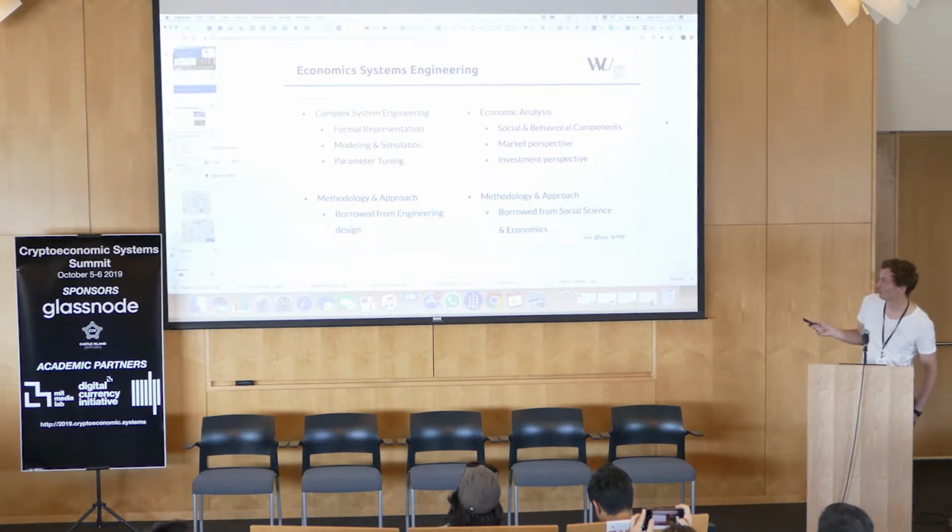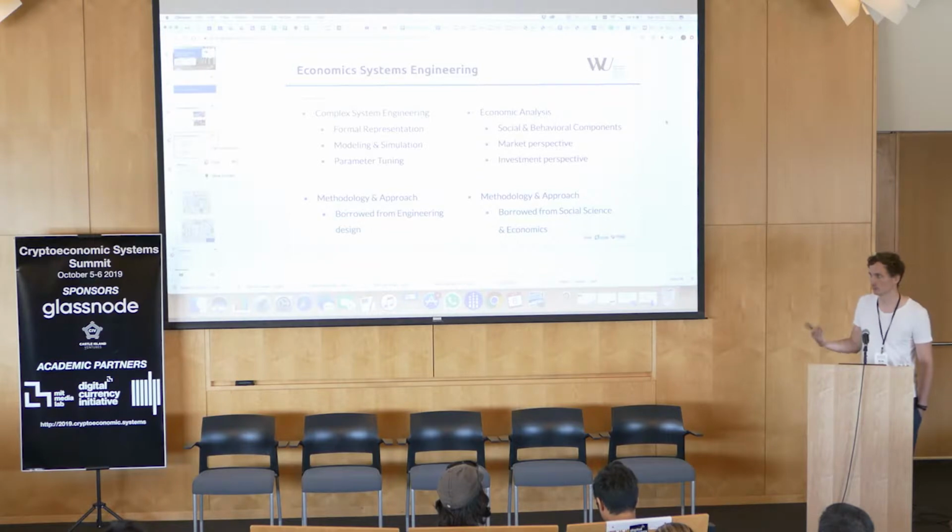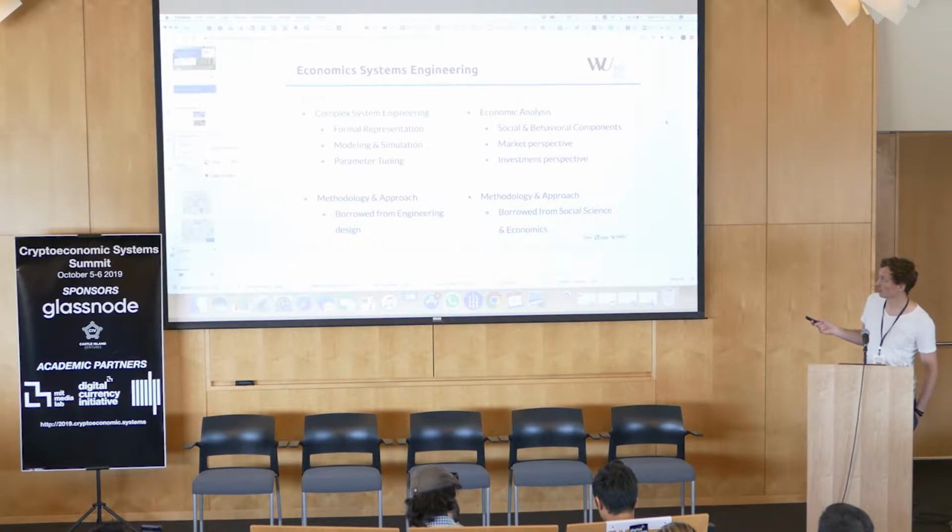We will start with a formal representation of the system. So we will have some kind of a model, we will make some assumptions, and we will start building something and talk about something that is given under these specific assumptions, that is right under these specific assumptions. We will use modeling and simulation in order to see how this thing that we talk about might evolve over time, and then we will be able to do some parameter tuning and to optimize this thing.